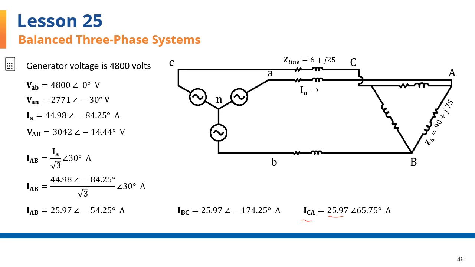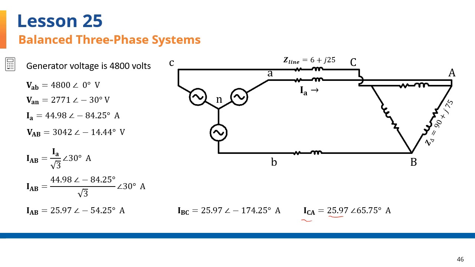For added practice, you can calculate the load power using IAB and Z delta, or IAB and VAB, or even V squared over Z delta conjugate, and compare the results with those found here. What I mean is we already calculated the load power from the Y-connected impedances, but we can find the load power here too, and there are different ways of doing that.